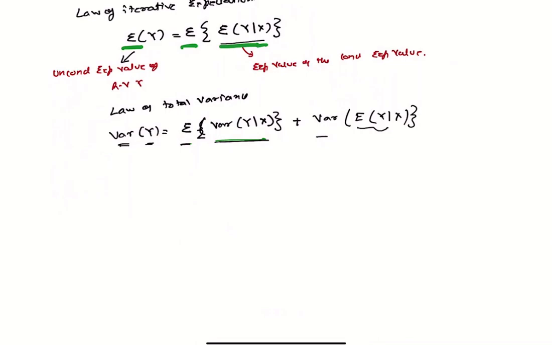Let's try this question. We roll a die, and we get a number x, then we toss the coin x times.